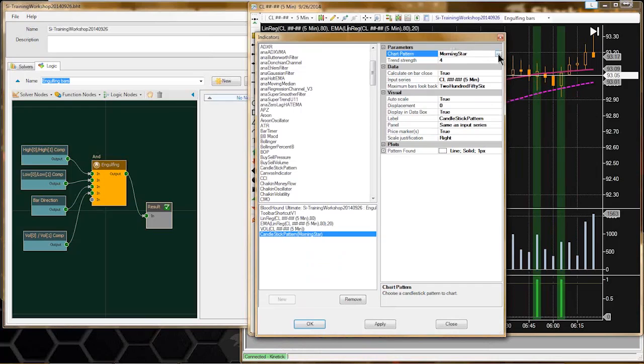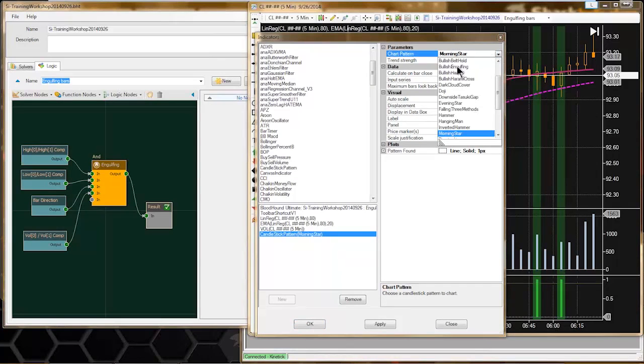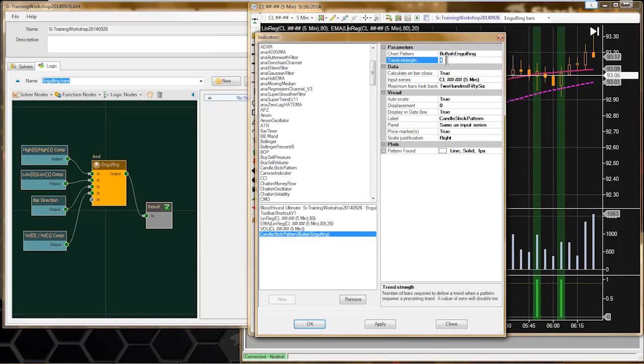We have a bullish engulfing, and I'm just going to set the trend strength down to 1. You'll notice it has this plot output of pattern found, and it's set to transparent, so it doesn't actually show on the chart.